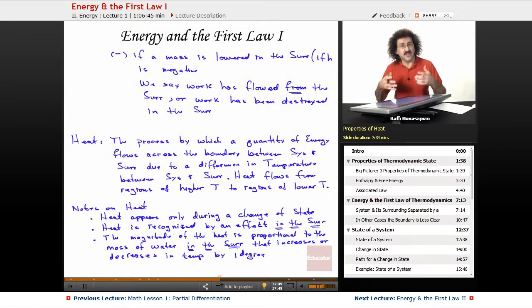It's going to be different if it's 10 grams or 100 grams. So again, this is more just a formal definition to keep it in line with the fact that we need some sort of physical apparatus, in this case water, by which to decide that heat has flowed. And this is how we decide if in the surroundings water has gotten hotter or colder.